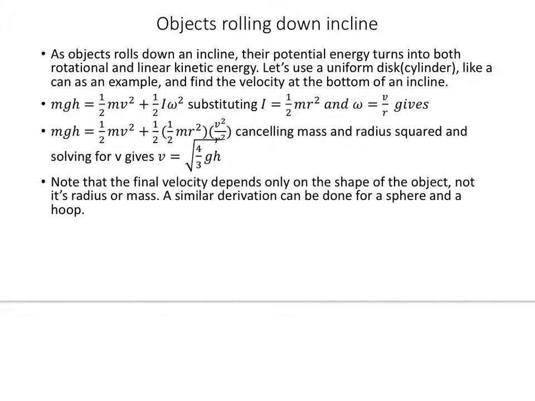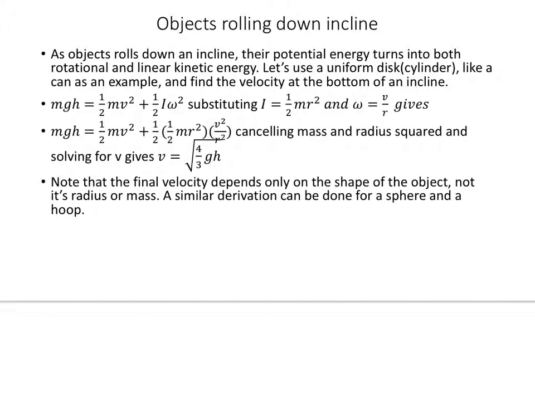Now in my face-to-face class, we usually have a race between a cylinder and a sphere and a hoop, and you can do this same kind of analysis for those two objects and predict what their velocity would be at the bottom of the incline and to see who would win the race.